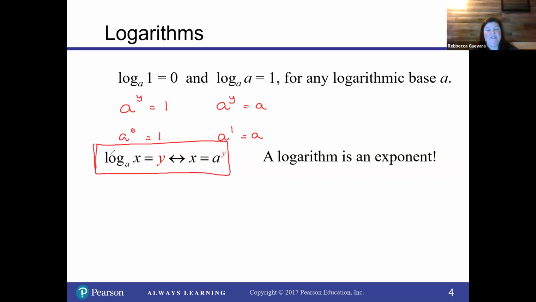So remember, like I had said before, that log base a of x equals y can be rewritten as x equals a to the power of y. So logarithms are exponents, just representing an inverse to an exponential function.